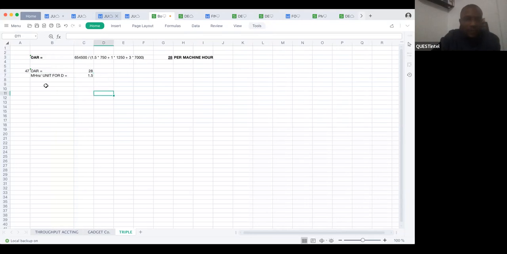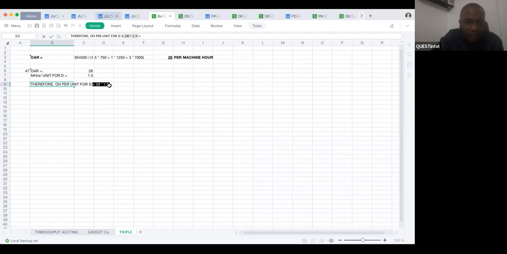So 1.5. Therefore, the overhead per unit for product D will be equal to 28 multiplied by 1.5. That's all.